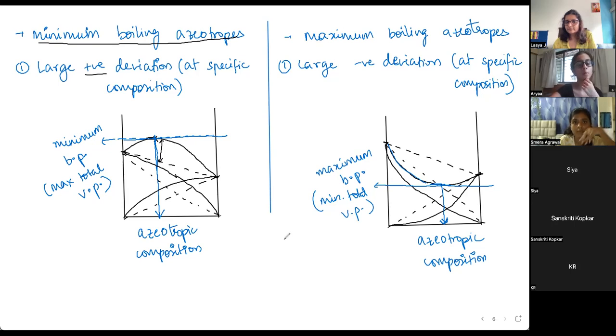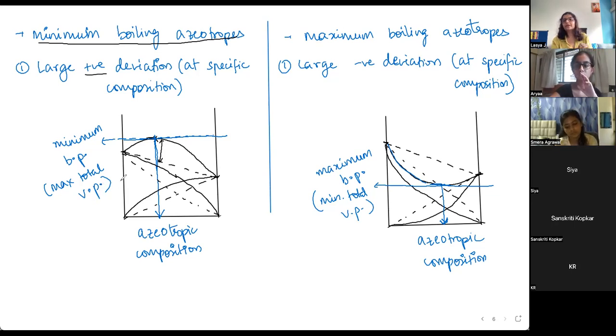Because if the boiling point is minimum, that means the fluid has more vapor pressure, right? Correct. It can get into vapor easily. You don't have to heat it at a high temperature. Yeah, it's easy. So if the vapor pressure is low, the boiling point will be high, and if the vapor pressure is high, the boiling point will be low, like inversely proportional.